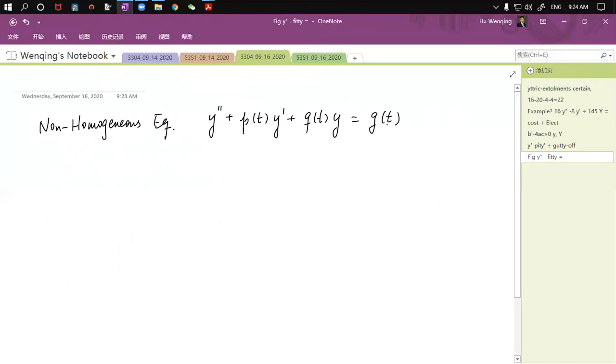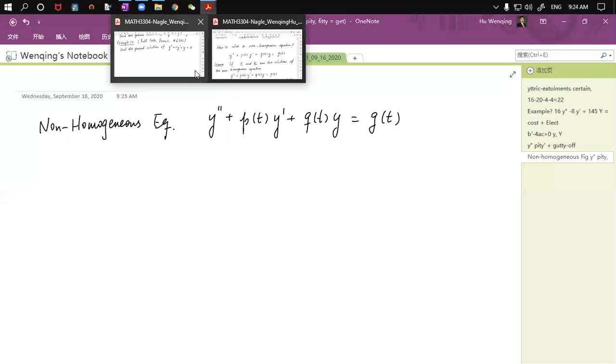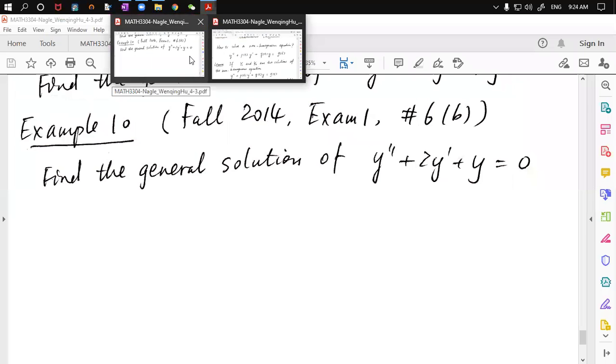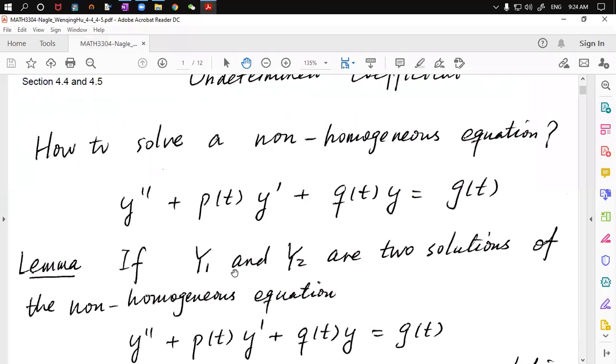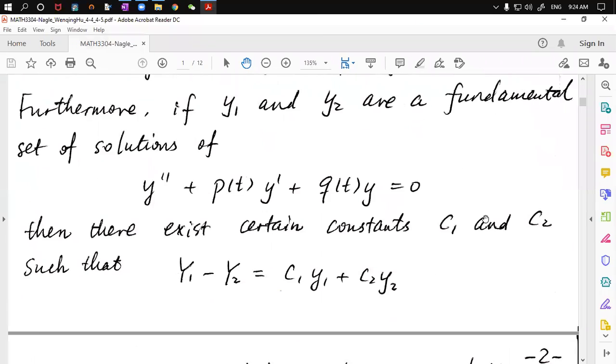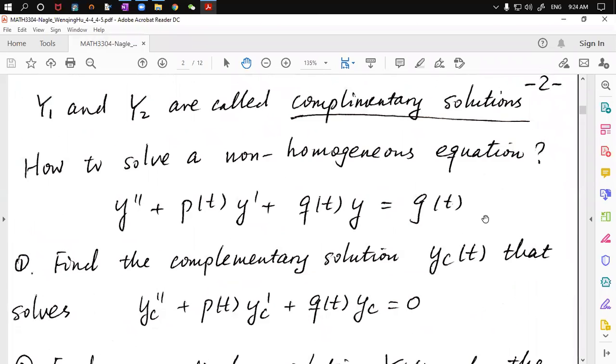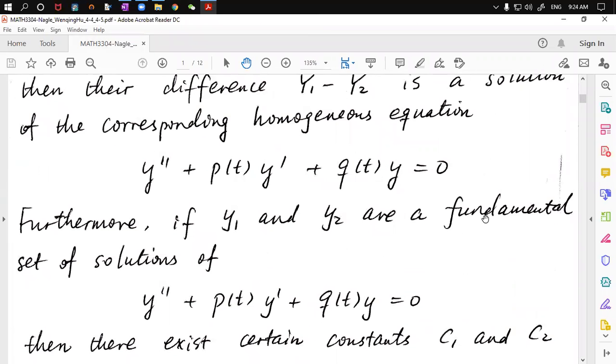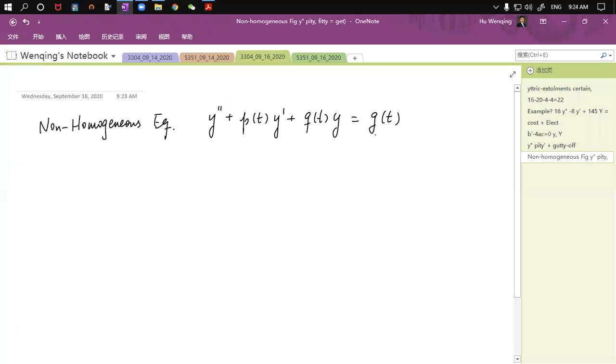Where the g of t is what we call the non-homogeneous term, and it's usually non-zero. So the question here is: how do you solve an equation with a non-homogeneous term, where g of t is non-zero? How do you solve it?